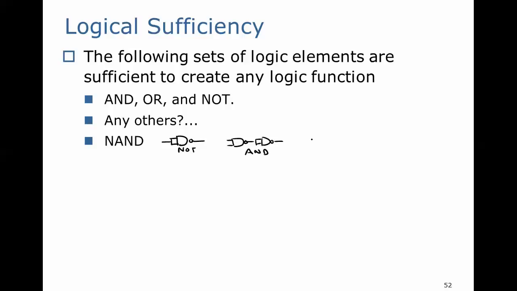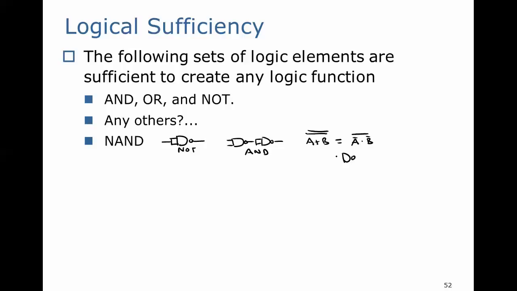And then finally, we saw A plus B by De Morgan's theorem, right? The inverse of the sum is the product of the inverses. So what we can do is take an AND, and double bar that.